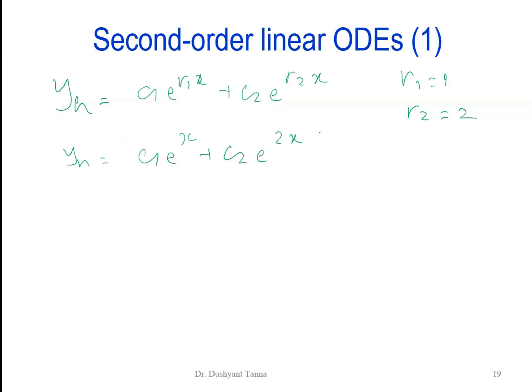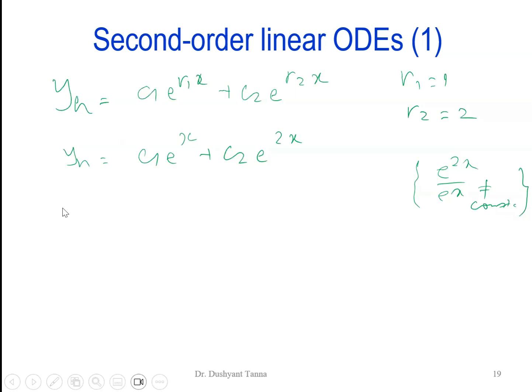Whenever we do that, you don't have to, but we'll always verify that they're non-constant multiples, so you do not end up getting linearly dependent solutions. And that's the solution, right?